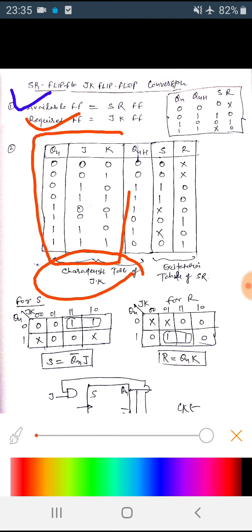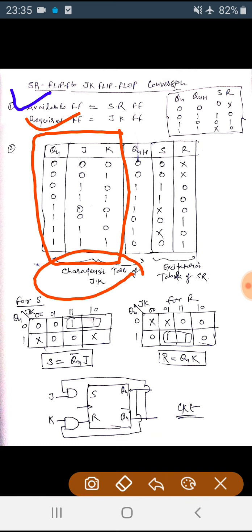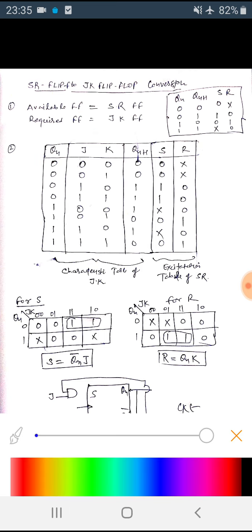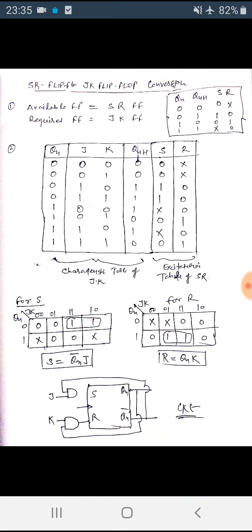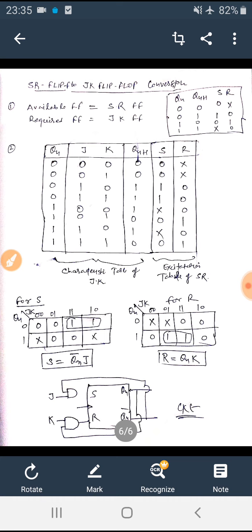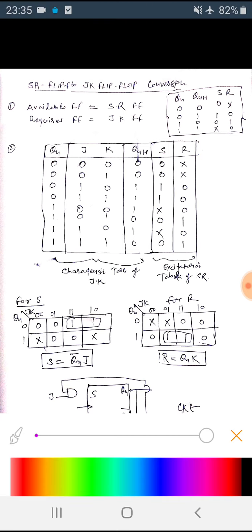This is the characteristic table of the required JK flip-flop, and with that I have added the excitation table of SR flip-flop, which is the available flip-flop. We can see from there I have written down the excitation table of SR flip-flop.